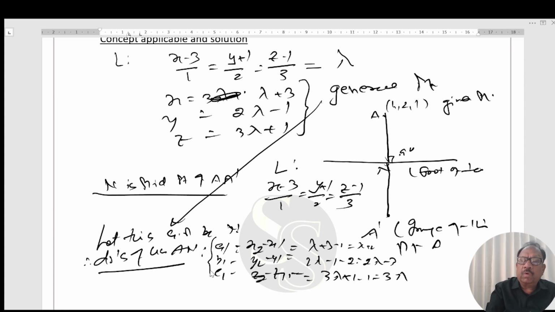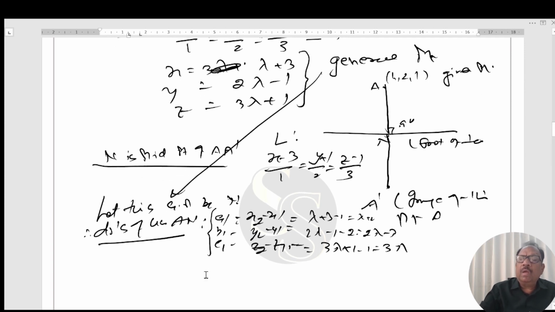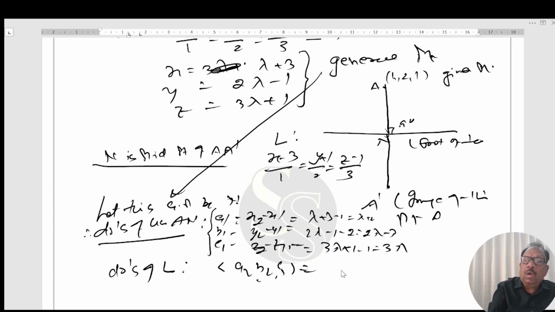These are the direction ratios of line AN. And the direction ratios of line L, A2, B2, C2, are 1, 2, 3.